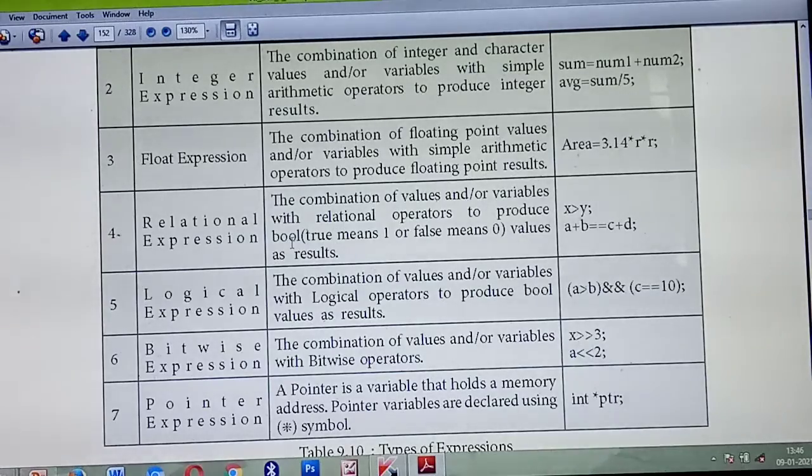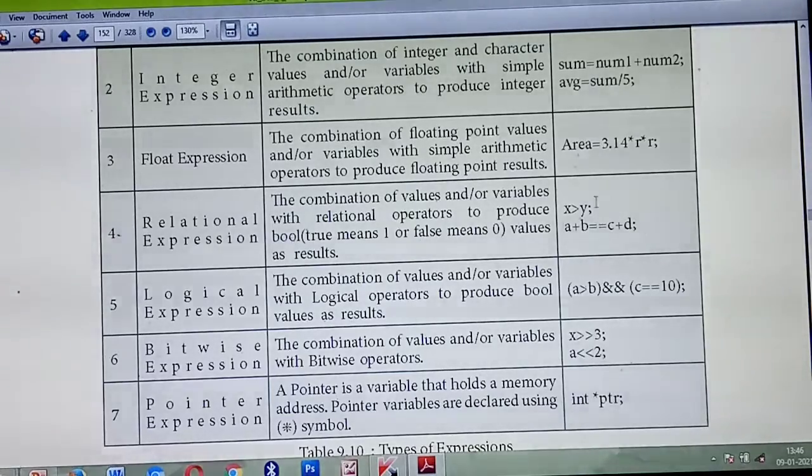Relational operators always give output as Boolean values. What do you mean by Boolean values? True or false, that means 1 or 0. 1 means true, 0 means false.